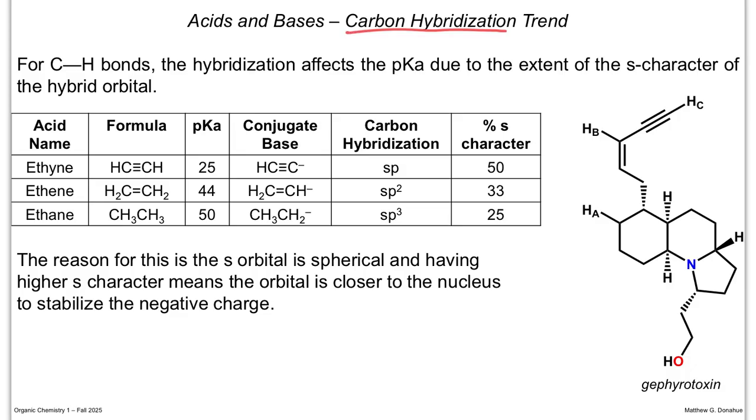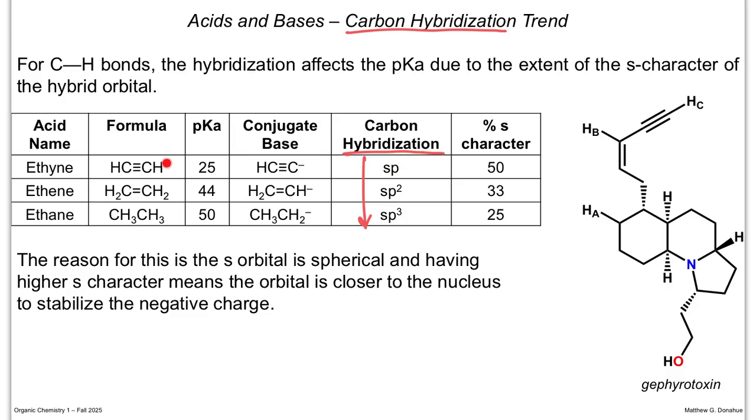So the next trend is we're going to look at carbon hybridization. So now these are your CH bonds with sp3, sp2, and sp. So the trend here is for sp, those are specifically for terminal alkynes.